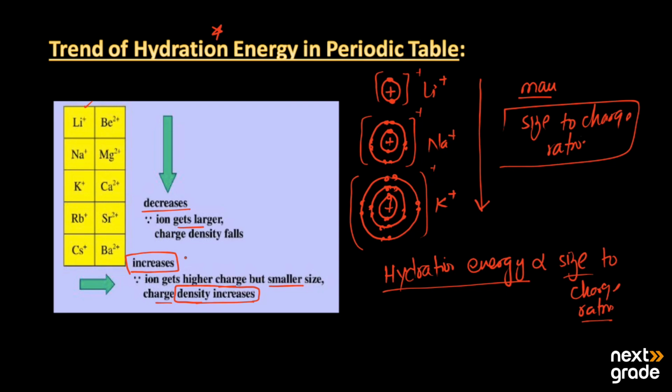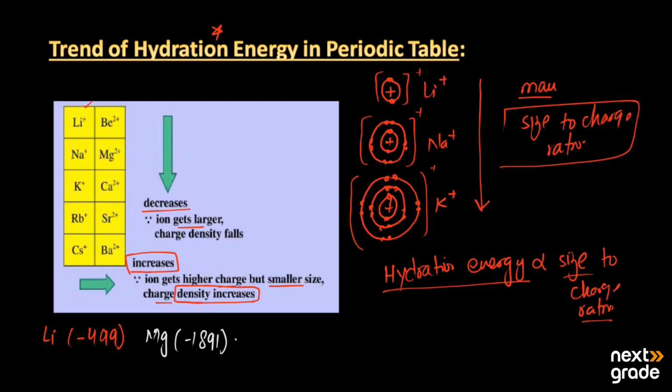We can have an example for this. The hydration energy for lithium is almost minus 499 kilojoule per mole. Then we have magnesium, whose hydration energy is minus 1891.